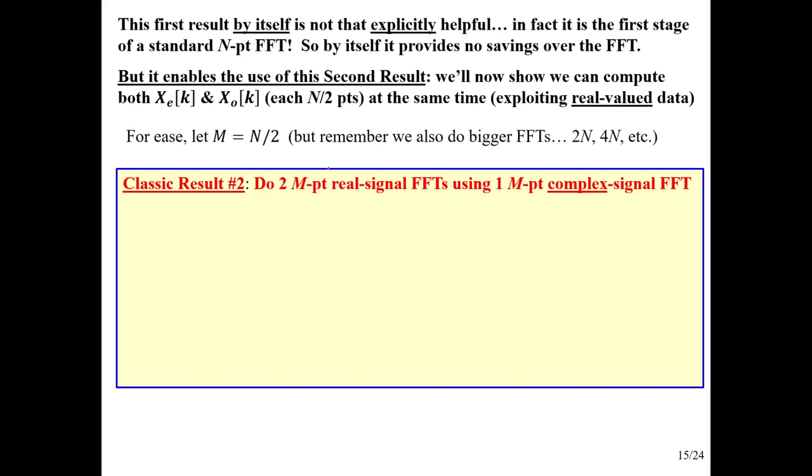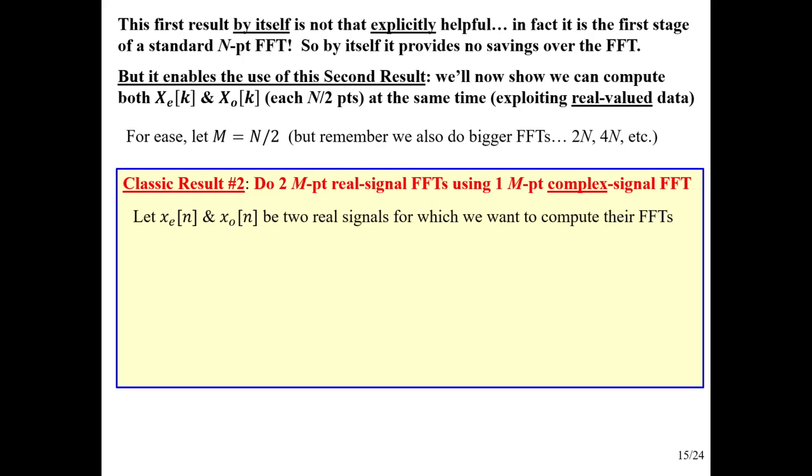Do two M point real signal FFTs with just one M point complex signal FFT. This is what FFTs were designed to do. So if we can do the two things that we want in just one of these standard things, it'll be faster than putting each of these things into its own FFT.